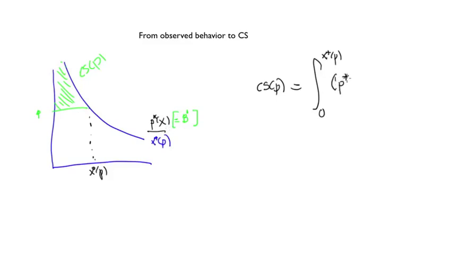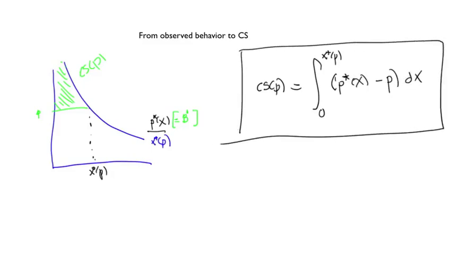So it's the area between P star of X, the inverse demand function, and the price P at which we want to compute the consumer surplus, dx. Now this is a very beautiful formula because this is observable, this is observable, and this is observable even if you don't know the experience utility function. Therefore, you can compute the consumer surplus at a price P as long as you can observe the demand function from the data, even if you don't know anything about the utility function.